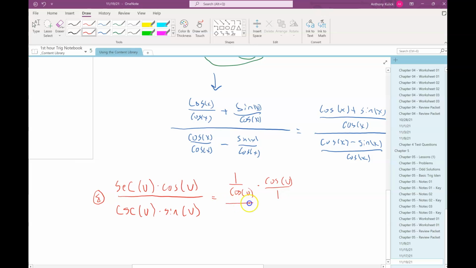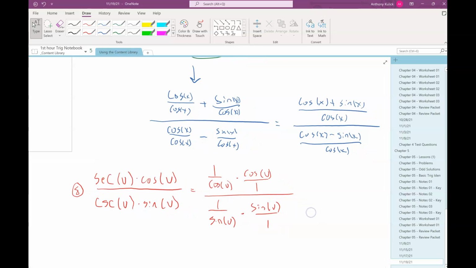Cosine's already in terms of sine and cosine, so I'm just going to write it as cosine over 1 because it's being multiplied to another fraction. And that usually just makes it easier to make sure I don't do anything silly like multiply a numerator to a denominator, if I just write everything as fractions. Cosecant is 1 over sine, and the sine is already in terms of sine, so I'm just going to write that as sine over 1.